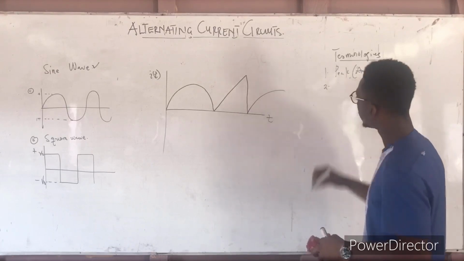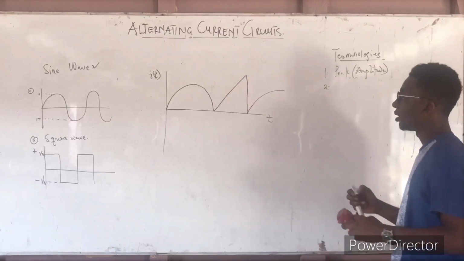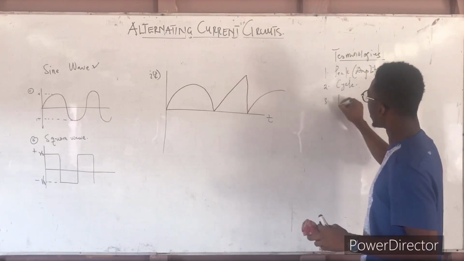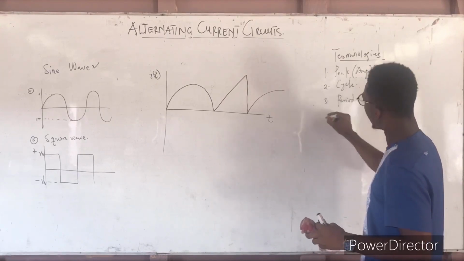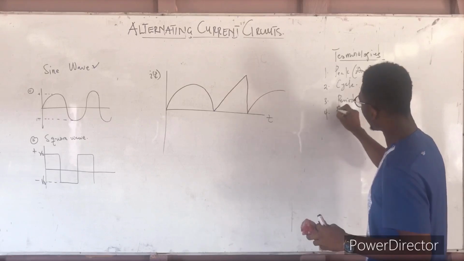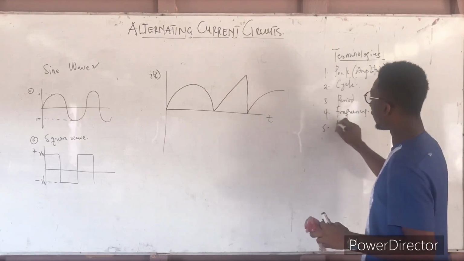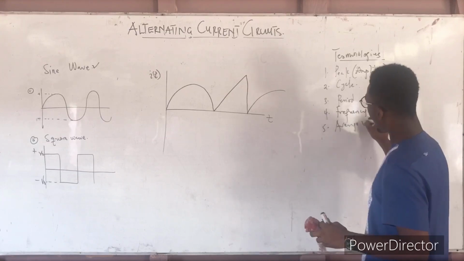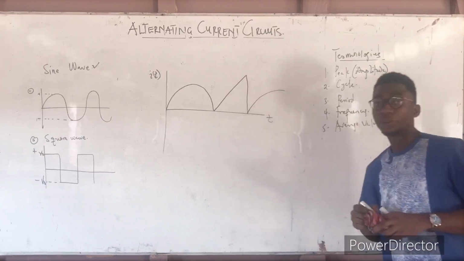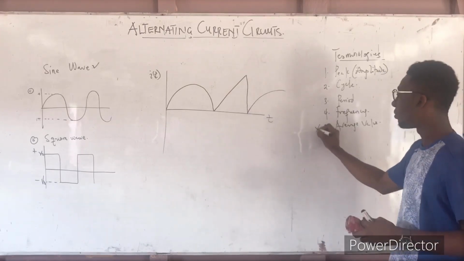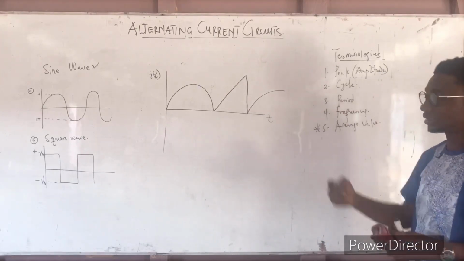We also have the cycle, the meaning of the cycle. You also have the meaning of period, and we also have the meaning of frequency. You can also have average value, which will be my next topic or the next lesson after this video. So the average value, I won't talk about in this video. I'll talk about it as a fresh topic.